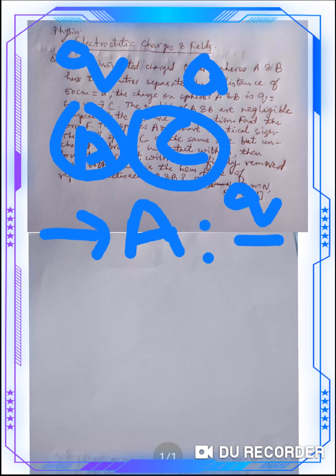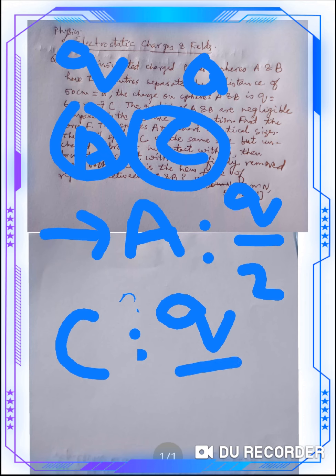So after separation, A will have charge Q by 2 and C will have charge Q by 2.